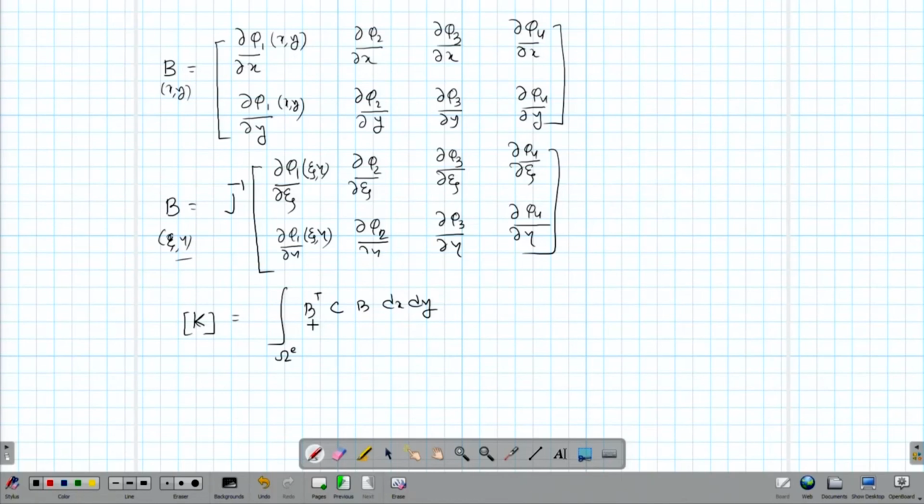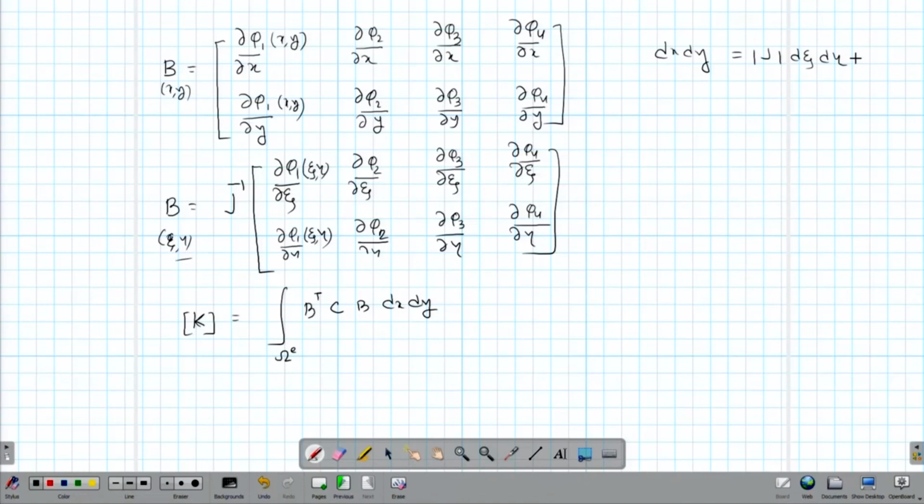Now, B in this equation is a function of x and y. The entire integration can be expressed with respect to the parametric domain. So, dx dy can be represented as the determinant of the Jacobian, d xi d eta.